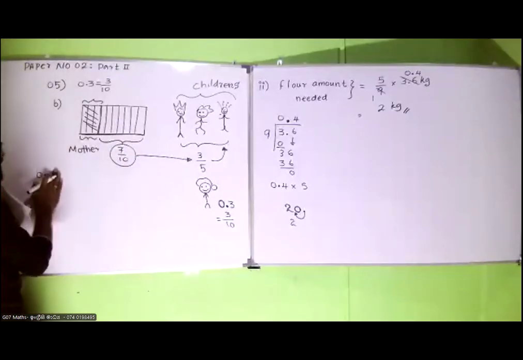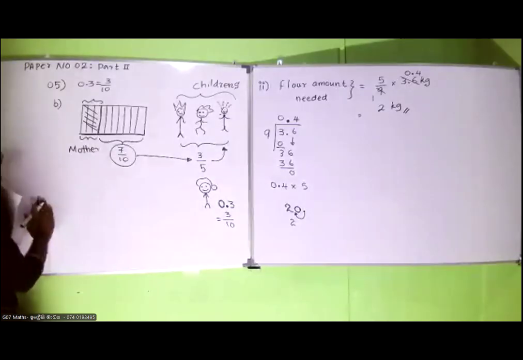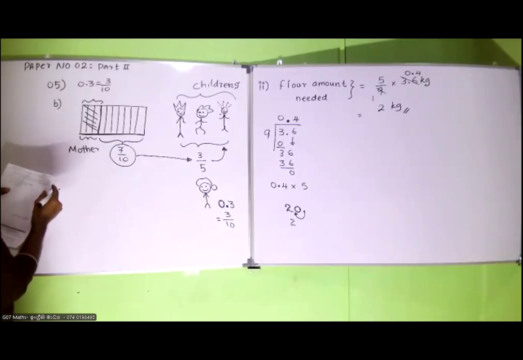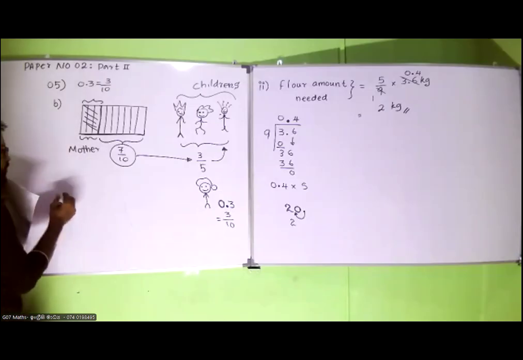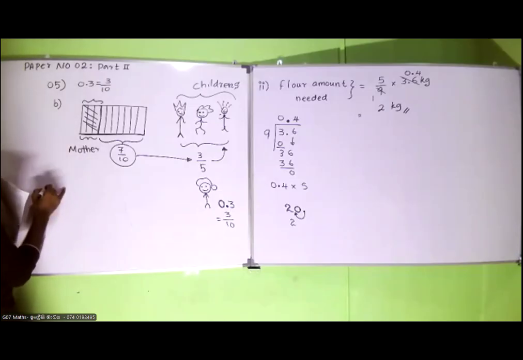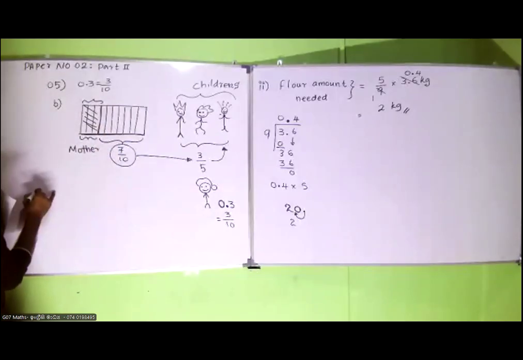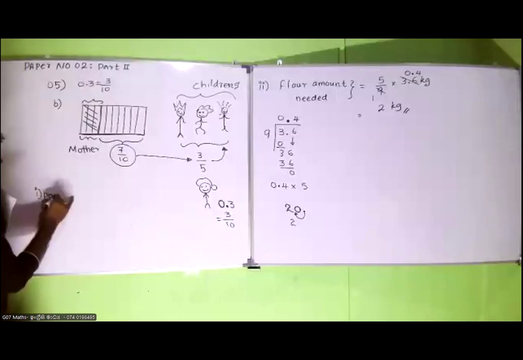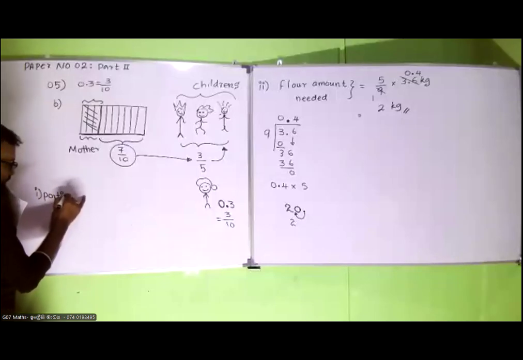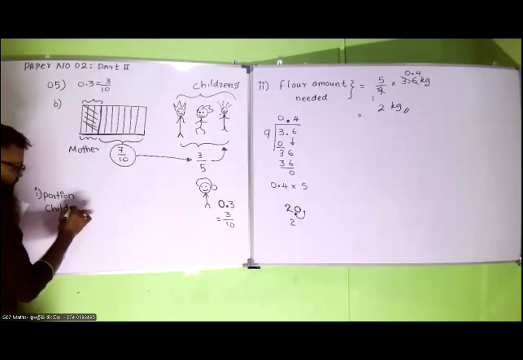So we have to calculate it. They are saying express the portion given to 3 children as a percentage, so first we have to calculate the portion the children receive.